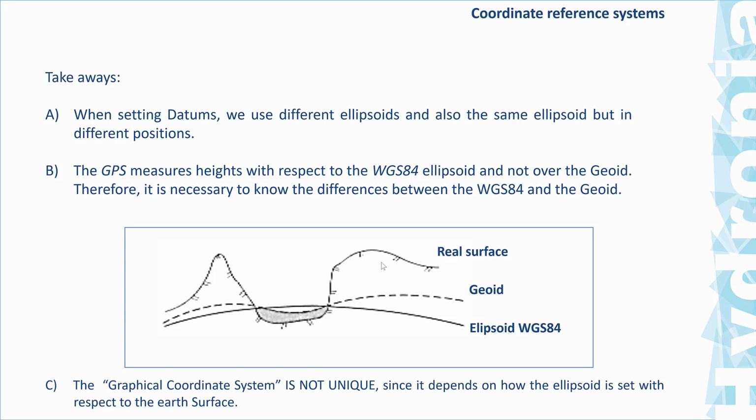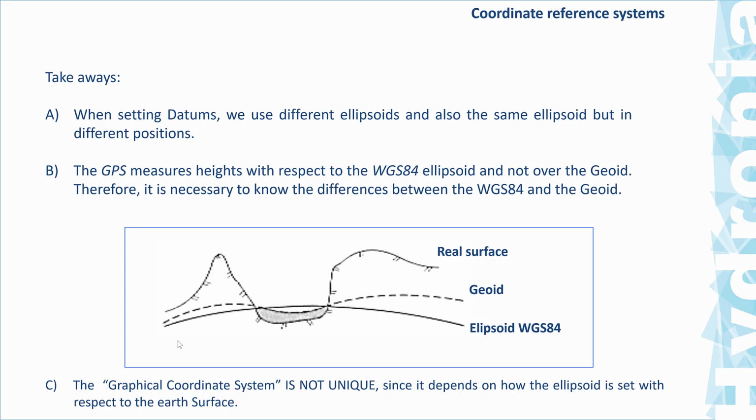So all of these concepts, we're going to be coming back to them, but it is important that you keep in mind that they are very important to understand the characteristics of a given digital elevation model, and if you want to use a digital elevation model, it's important to know what are the characteristics of the specific product that you're using.